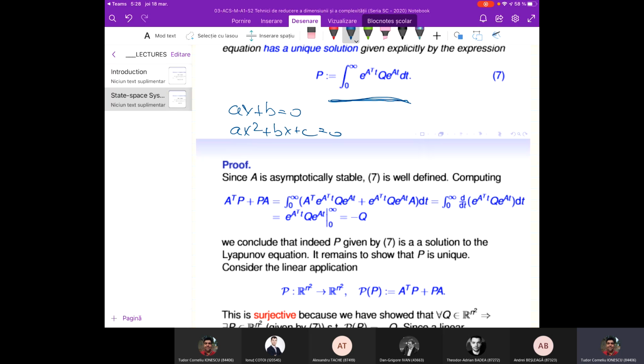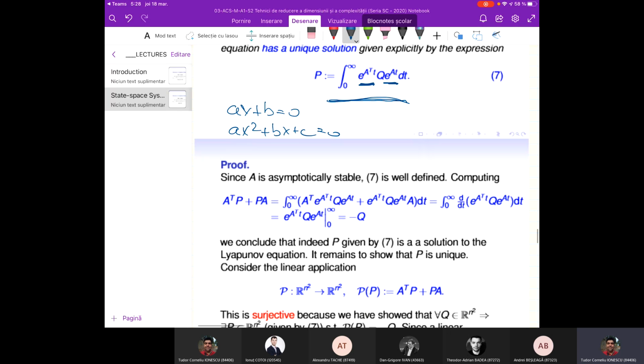If A is asymptotically stable, then this (7) is well defined, because the exponentials, when time goes to infinity, they go to 0. So A is stable if and only if e^{At} goes to 0 when t goes to infinity.